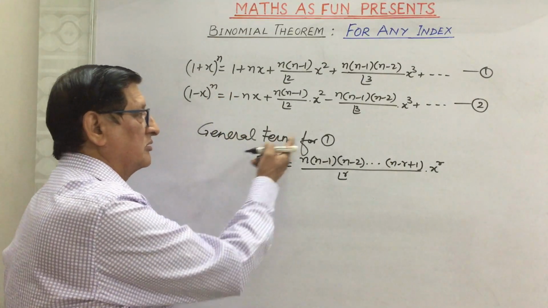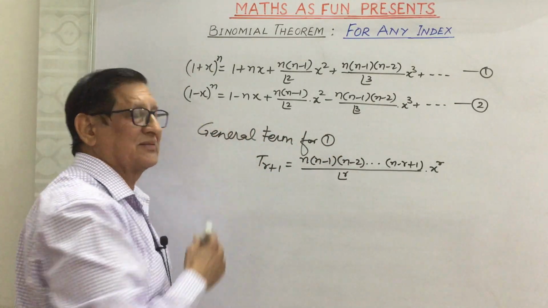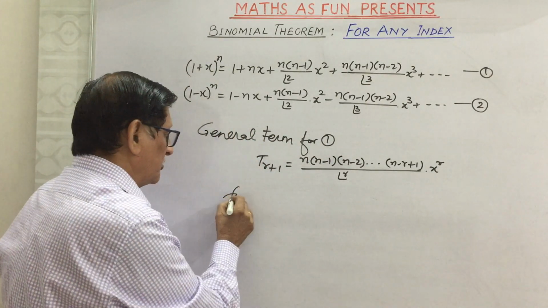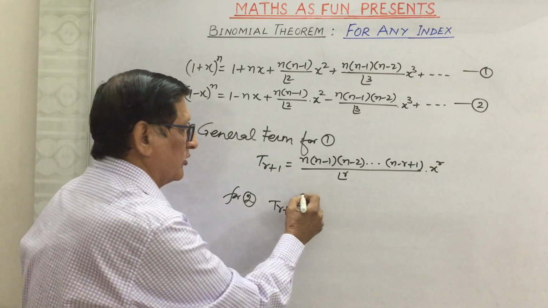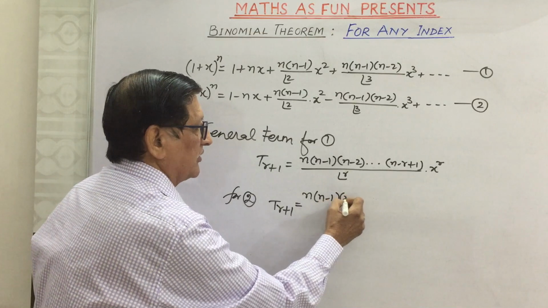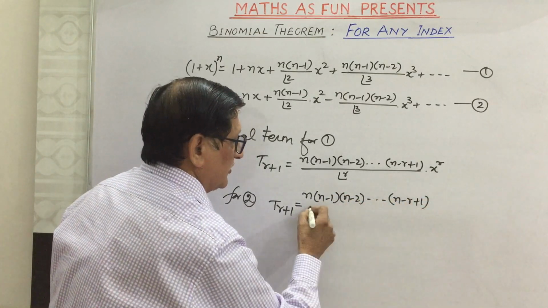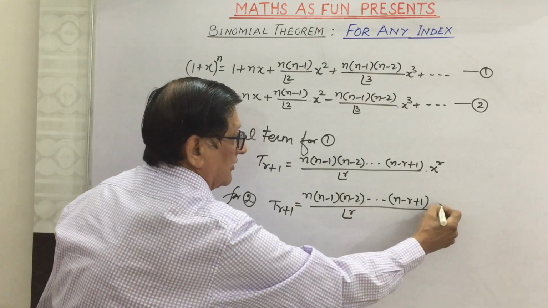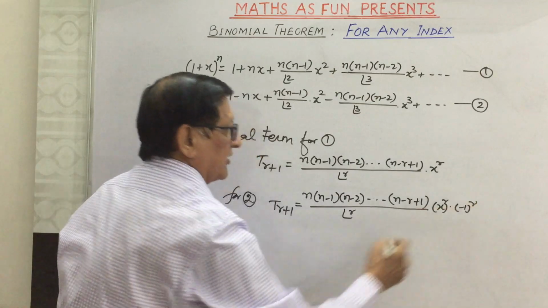Similarly, the general term in case of number 2, that is when it is (1 - x)^n, will be T(r+1) = n(n-1)(n-2)...(n-r+1)/r! into x^r into (-1)^r.